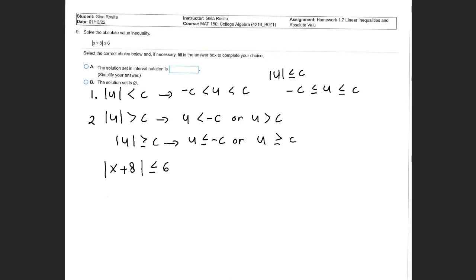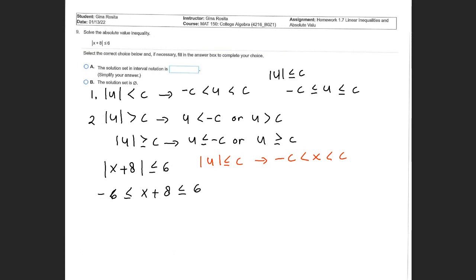I write it down and copy: negative 6 less than or equal to x plus 8 less than or equal to 6.